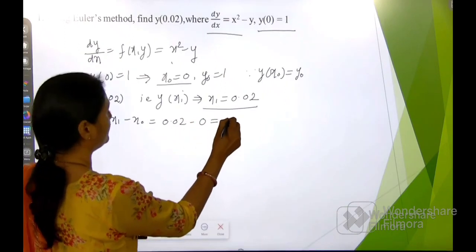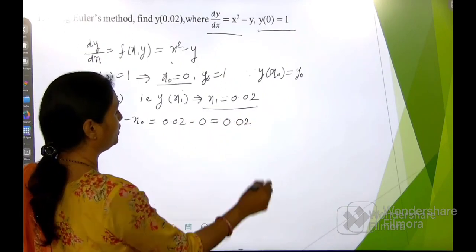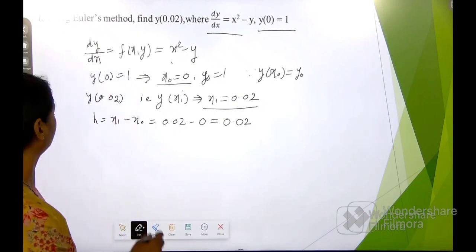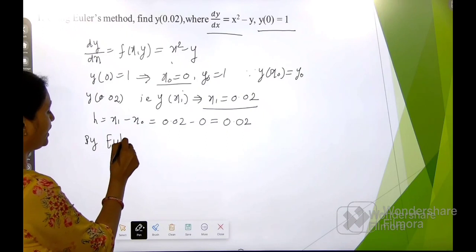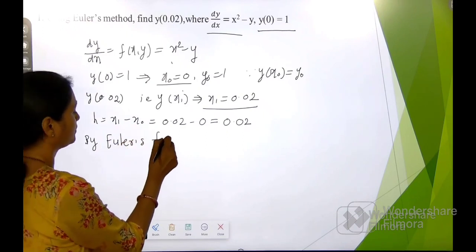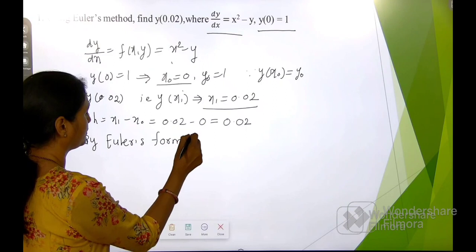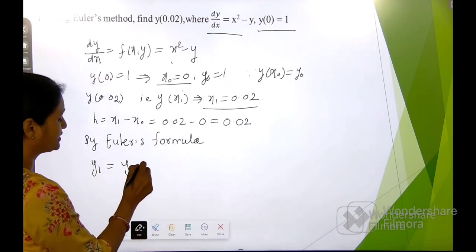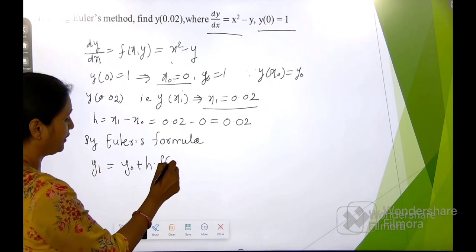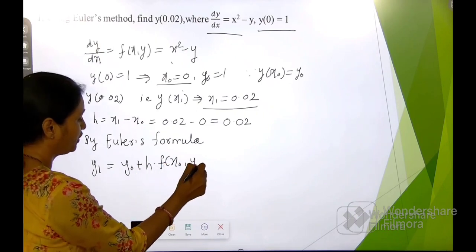So here we get h is equal to 0.02. So by Euler's method or Euler's formula, y1 is equal to y0 plus h into f of x0 comma y0.